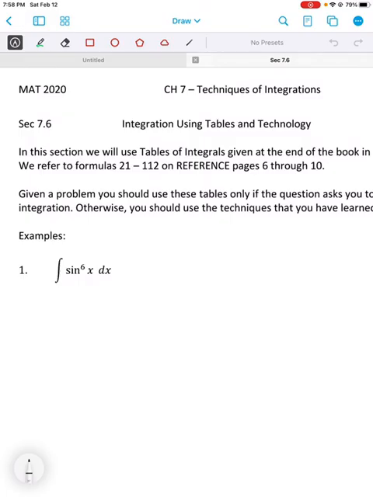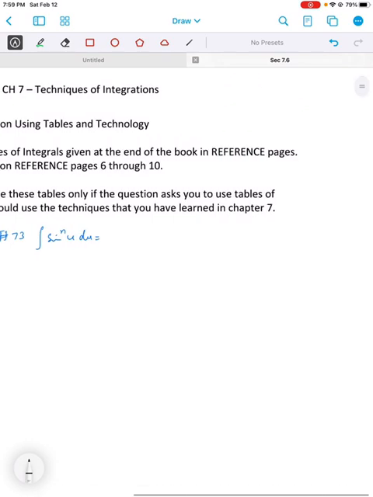In this case, we will be needing formula number 73, which says that the integral of sine to the n of u du, in the book they are using u in general, is equal to minus 1 over n sine to the n minus 1 of u, so 1 less power, times cosine of u, plus n minus 1 over n, integral of sine to the n minus 2 of u du.